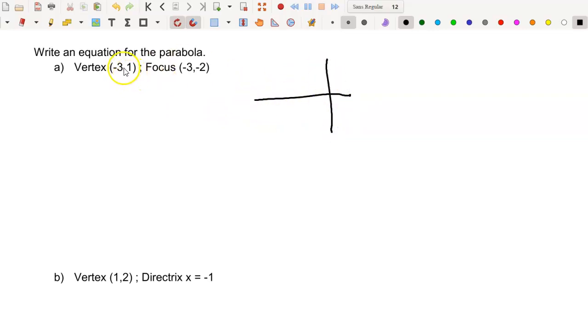We got -3, +1. So let's say 1, 2, 3. There's my vertex. And then my focus is -3, -2. It's below it.